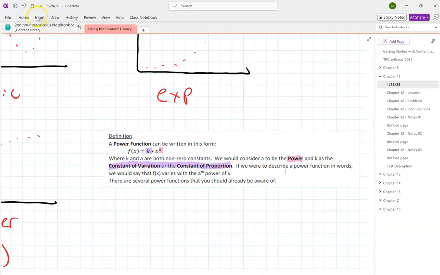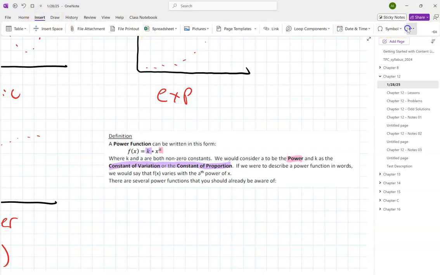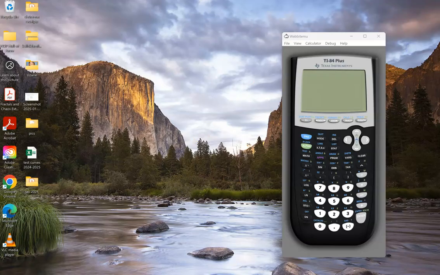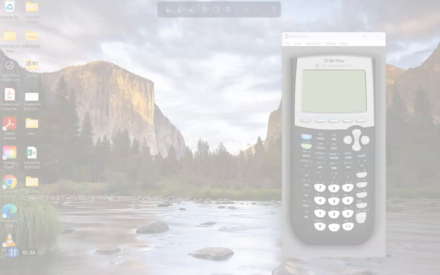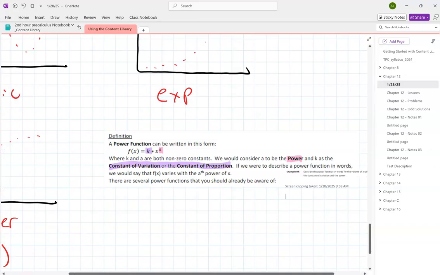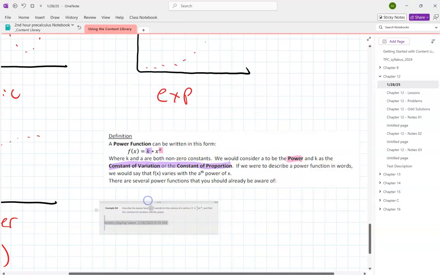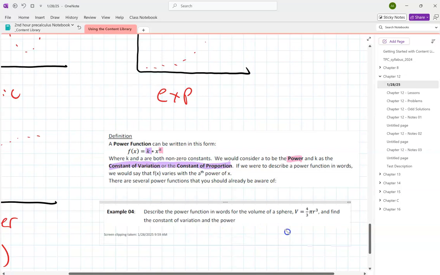So we would say in words that f of x varies with the 8th power of x.